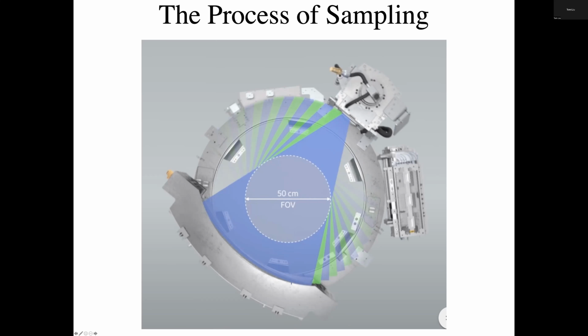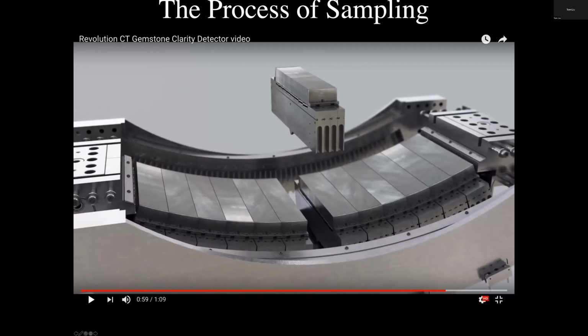And so this whole thing's going to rotate around, right? So here's our sampling rate problem on this arc right there. If you open this up and look inside, this direction is the Z direction of the scanner.